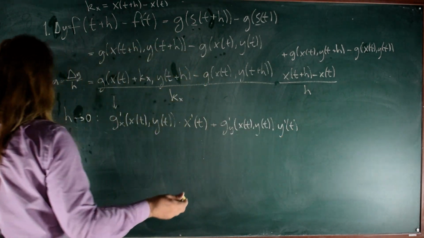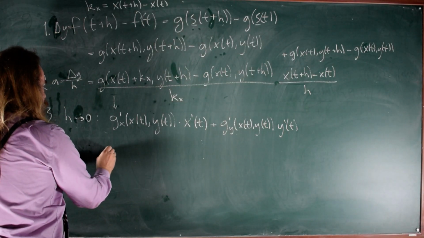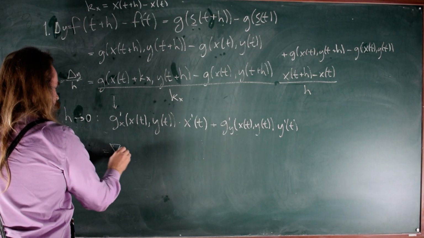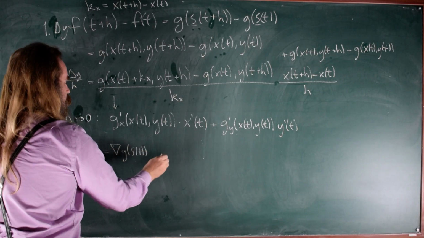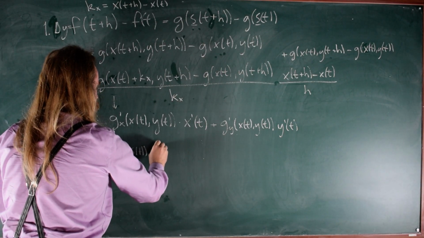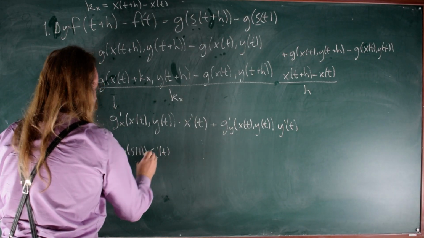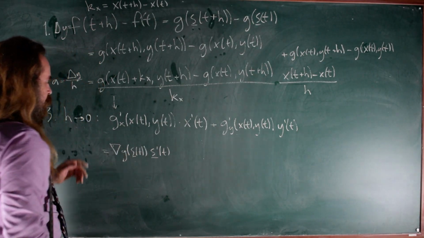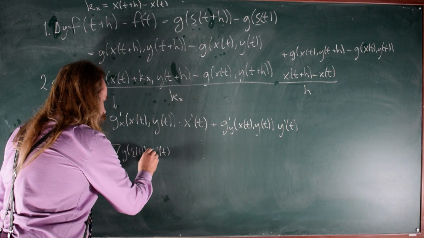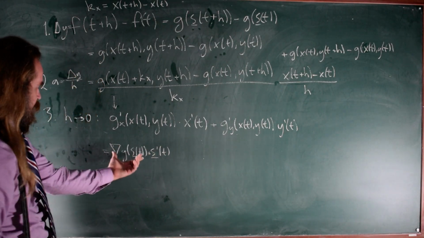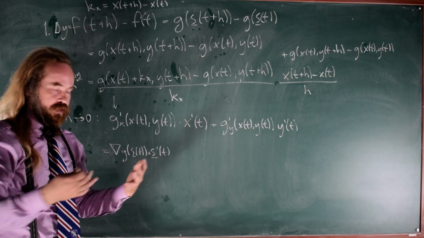And what is this beautiful little thing? Well, this is the exact same thing as the gradient of g at s multiplied by the derivative of s. This is the scalar product, I should say, because this is a vector and this is also a vector.